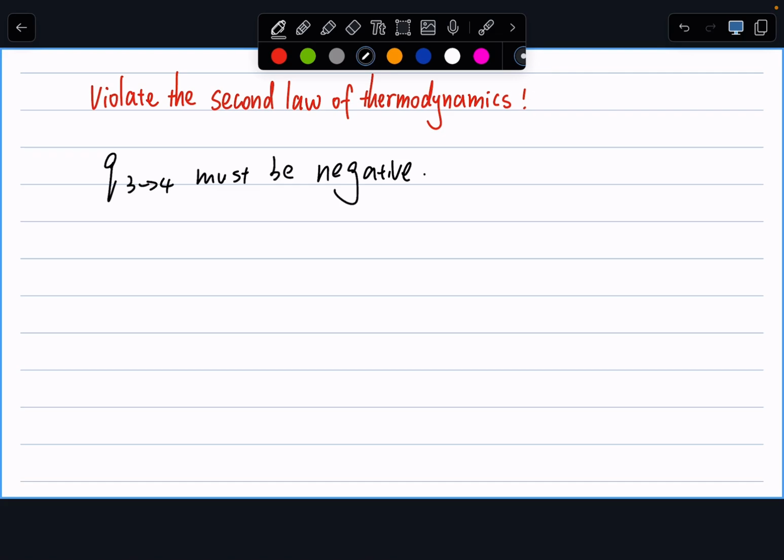And obviously, going back to our original question, remember we're trying to derive the ΔS for this irreversible process between step 1 and step 2.